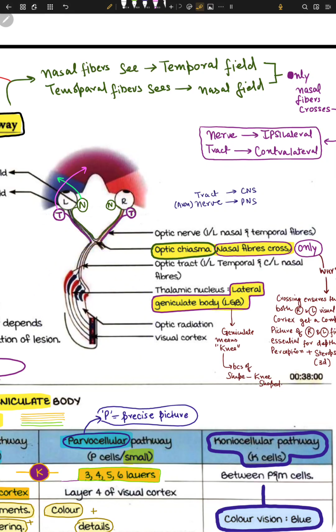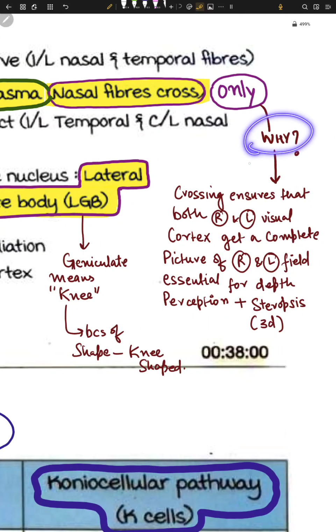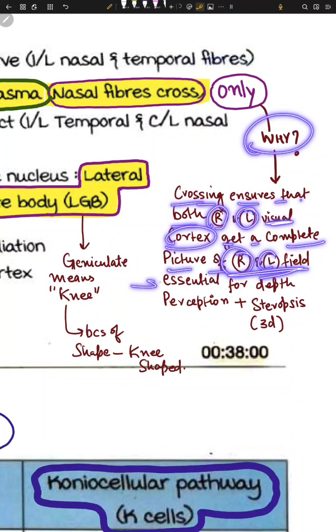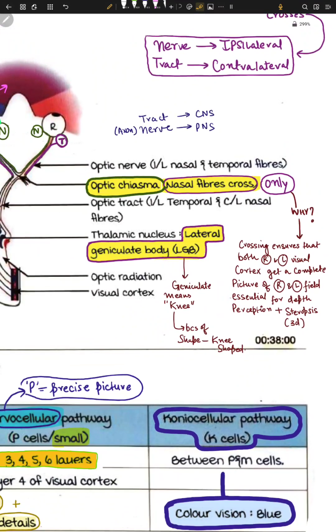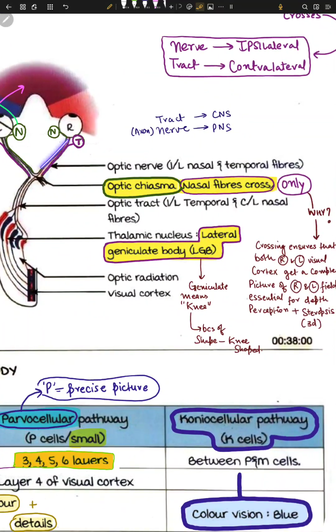Now, why has nature done that? Well, crossing ensures that both right and left visual cortex get a complete picture of your right and left field, which is essential for depth perception and stereopsis. What is stereopsis? When you're able to understand that something has 3 dimensions, we call that stereopsis. So that's why your nasal fibers are crossing and your temporal are not.